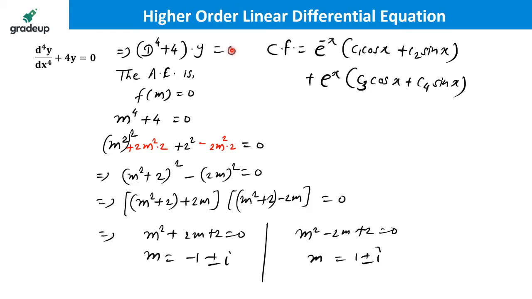Since right hand side is 0, PI will be 0, this CF will be the complete solution. So complete solution will be CF, y will be CF. Copy this.